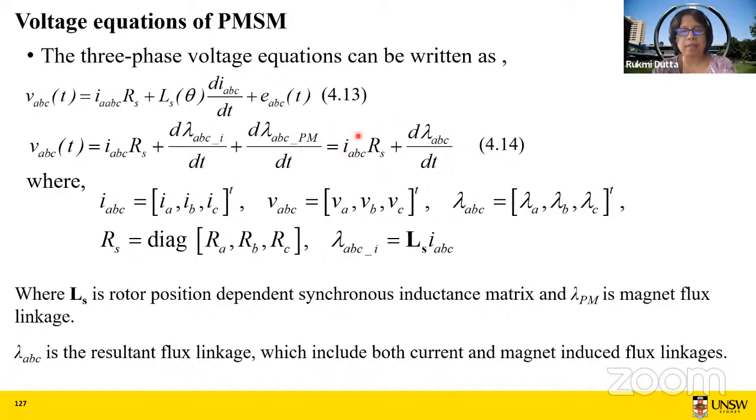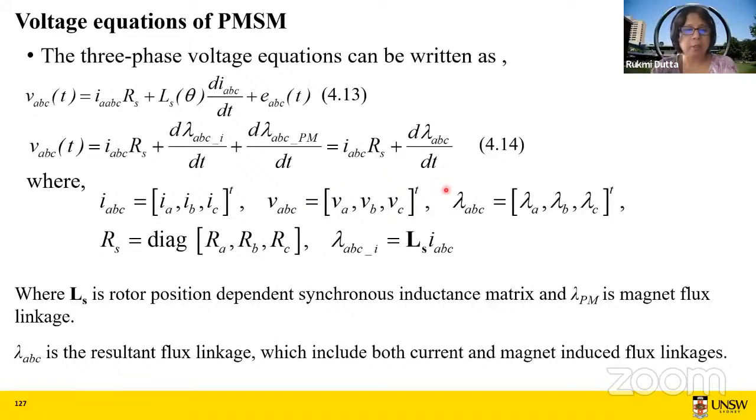So we have simplified a little bit: I ABC means we have I A, I B, I C, and lambda ABC means we have lambda A, lambda B, lambda C, okay? Just because it's easy to write this way, otherwise it's going to take me pages and pages. It takes so much space if you want to write it as a matrix. So that's why it is a simple representation.